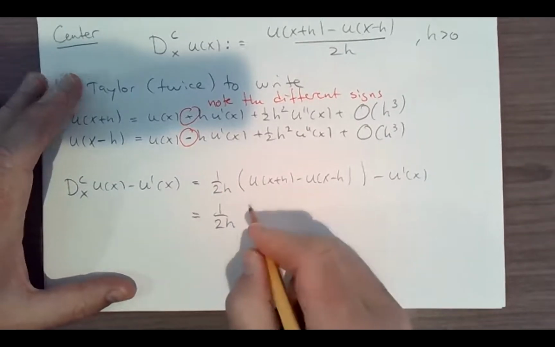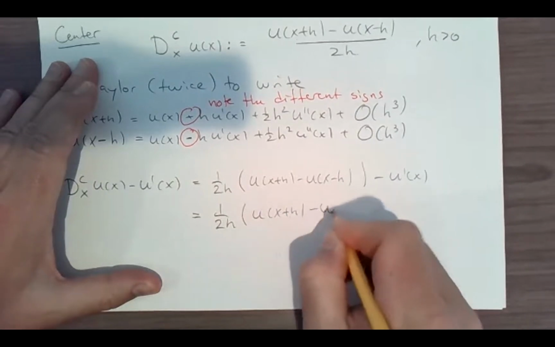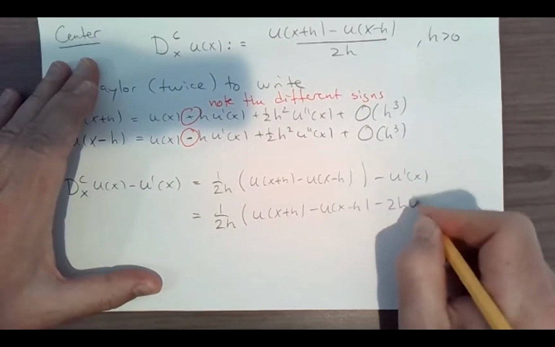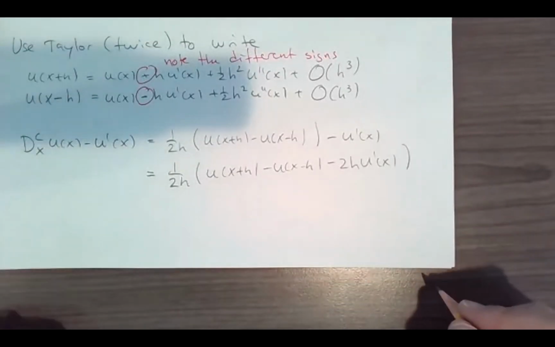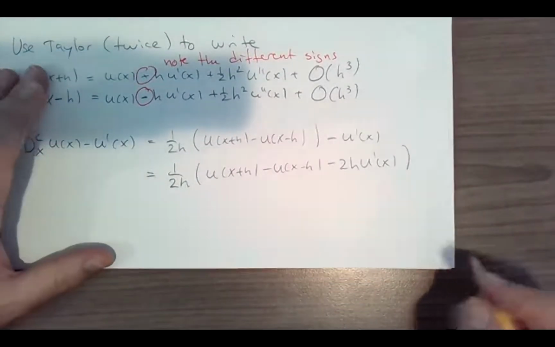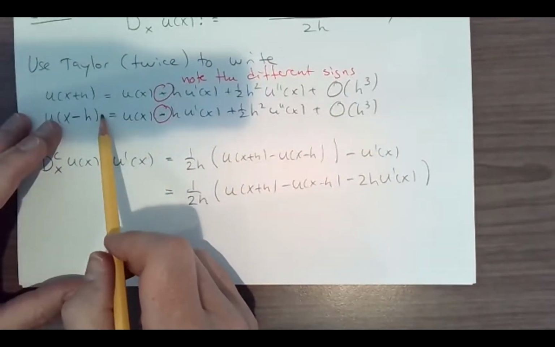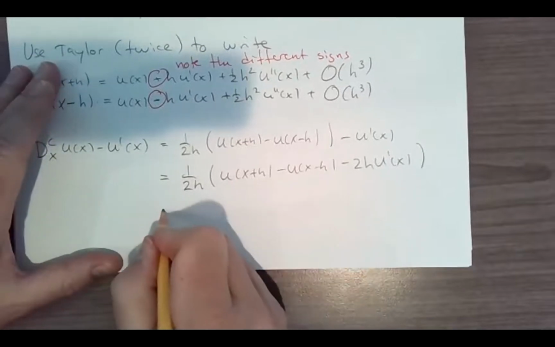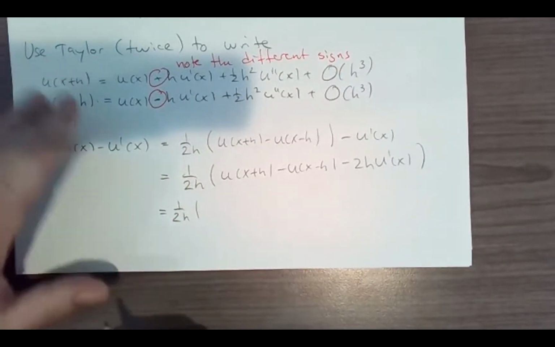So this is 1/2h times u of x plus h minus u of x minus h minus 2h u prime of x. And so comes the time where we want to insert what these two are.